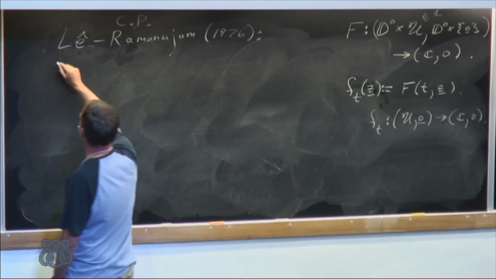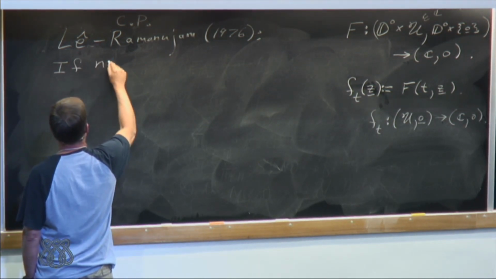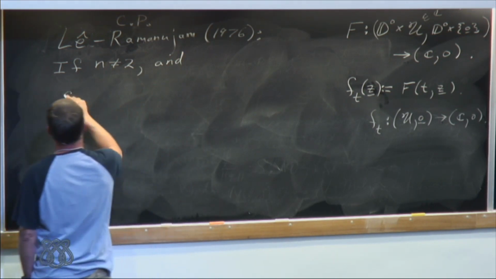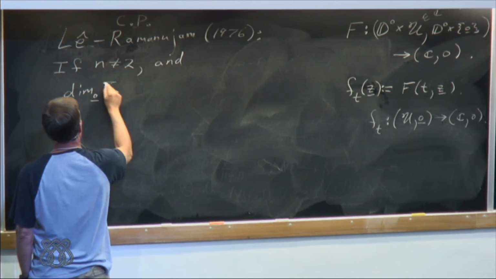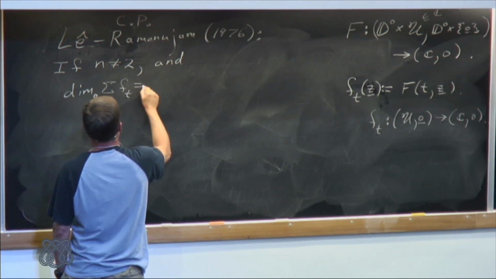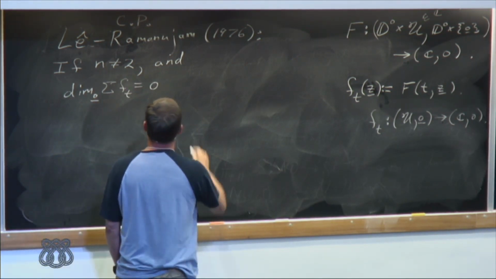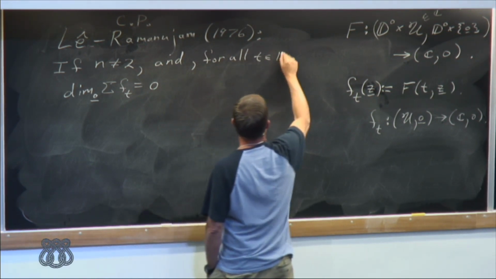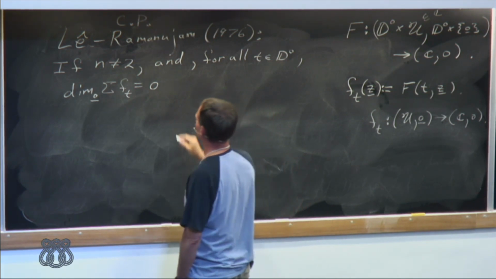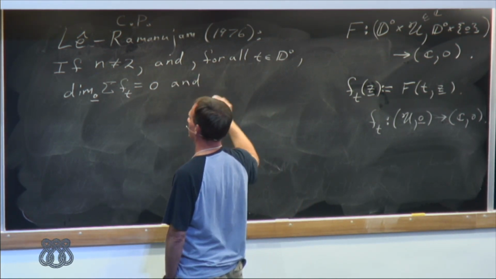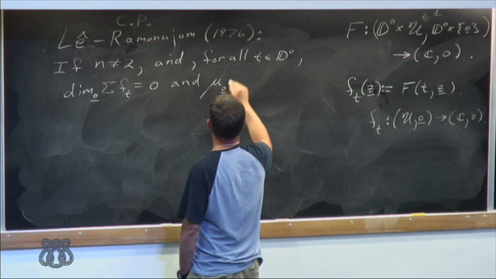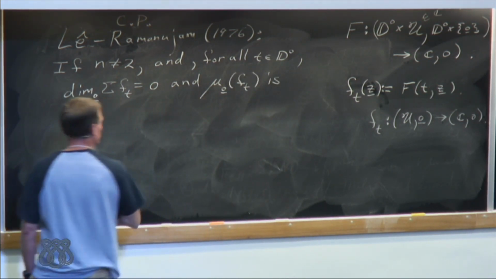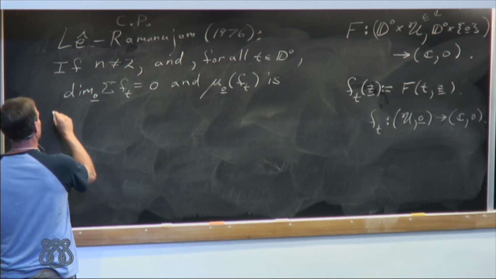If n is unequal to 2, and the dimension at 0 of the critical locus of f of t is 0 for all t, and mu at 0 of f of t is independent of t. So you're assuming the Milnor numbers are constant, independent of t.